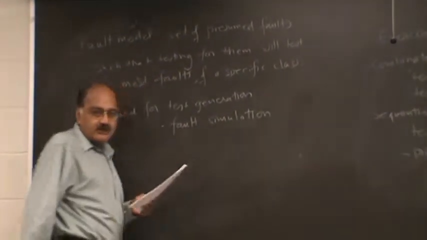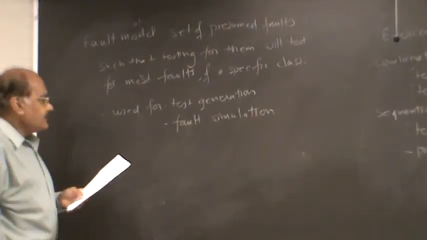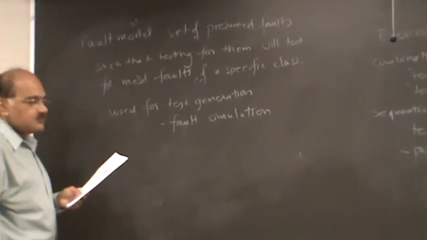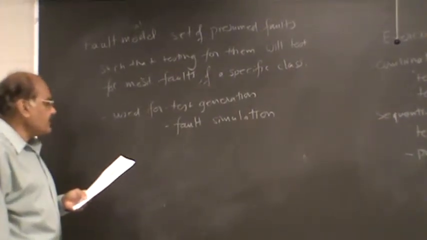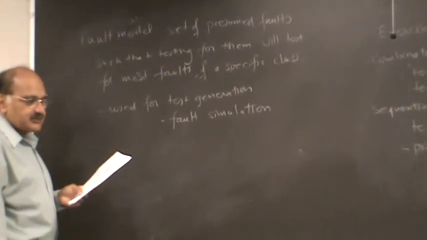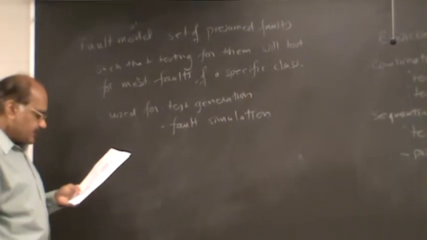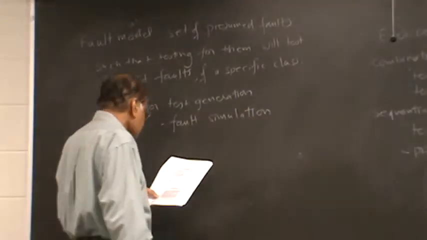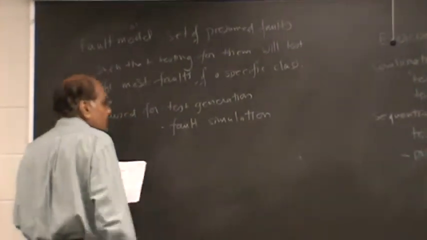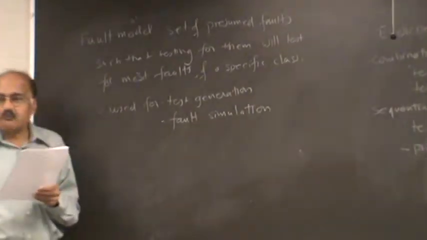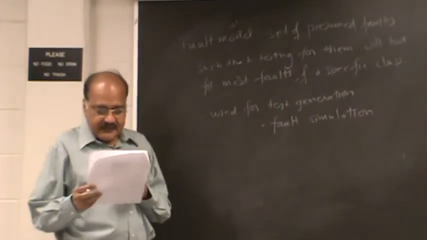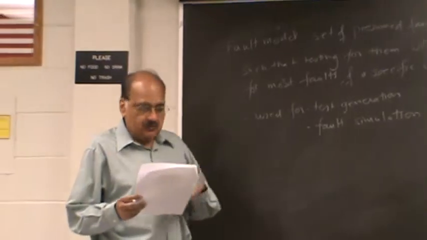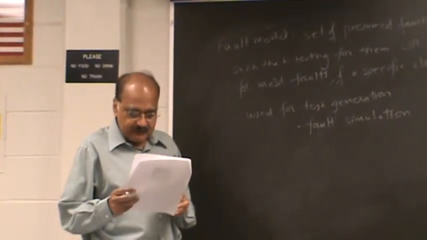So if you want to evaluate coverage, then you need to do fault simulation. That will allow you to find out what kind of coverage you would get if you apply this set of tests. And a good fault model is going to hide the complexities of lower level actual defects, of which you can have an infinite number.